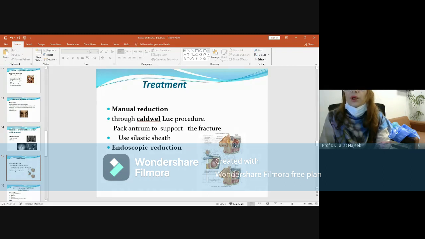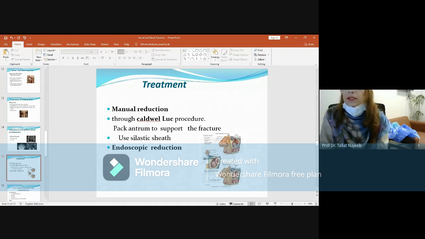Through this hole, manually with the help of finger or some instrument, orbital contents are pushed above into the orbital cavity, and some silastic sheet or some part of muscle is taken and placed at this empty space, at this fracture site. The maxillary sinus is packed with the help of ribbon gauze soaked in bismuth iodoform paraffin paste.